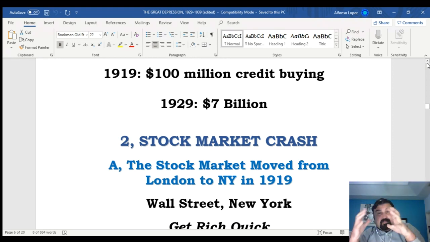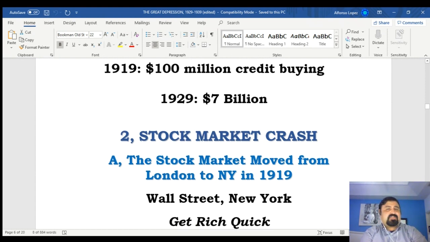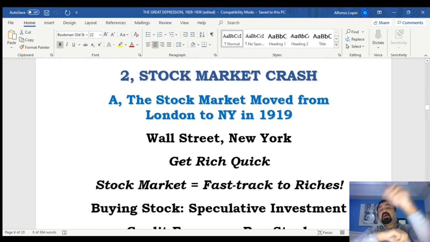A great portion of this consumption was carried out with credit buying, people using credit in order to purchase those goods. And as I mentioned, even taking a vacation itself, many people borrowed. I'll just borrow some money, take the family out, and pay it later.